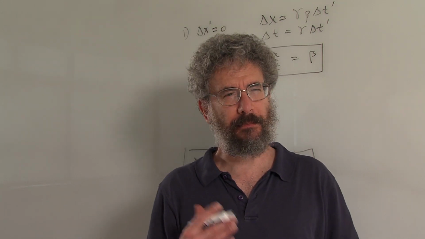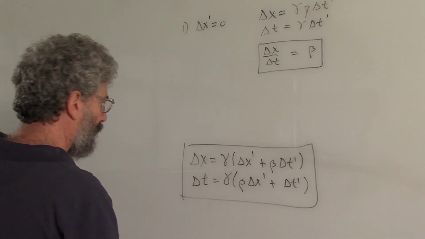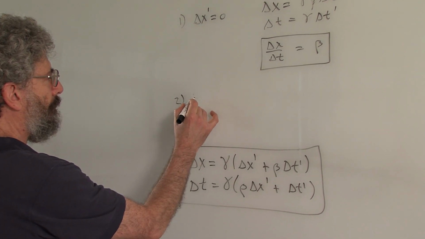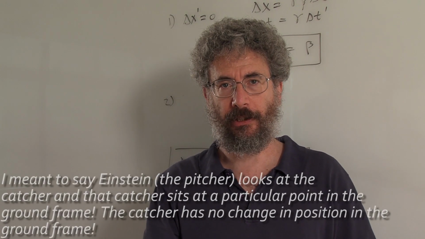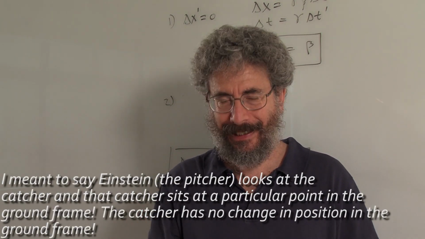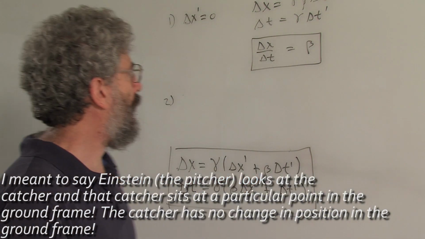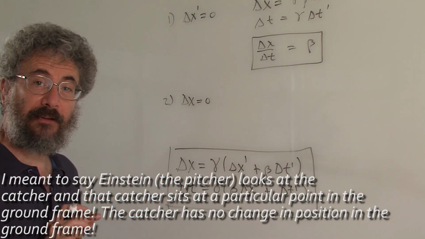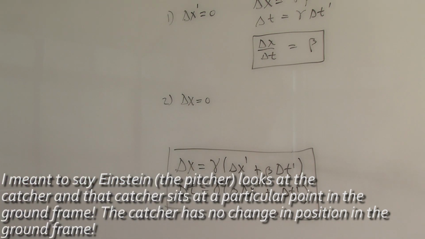Now, there's something we can do that's a little bit different than that, but another sort of check. Let's actually imagine that Einstein looks at the pitcher. Now the pitcher sits at a particular point in the ground frame. The pitcher has, as time goes forward in that frame, no change in position. Delta x is equal to 0.